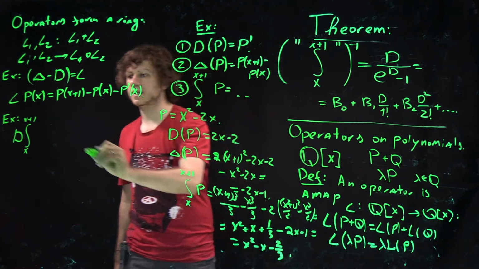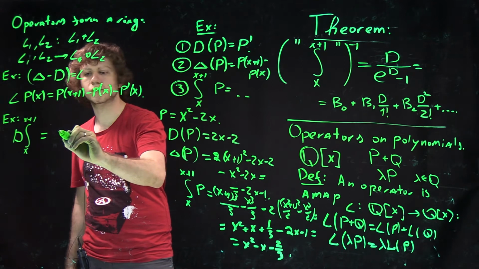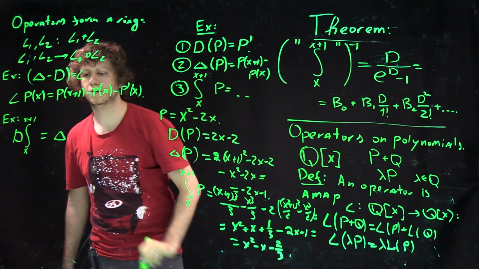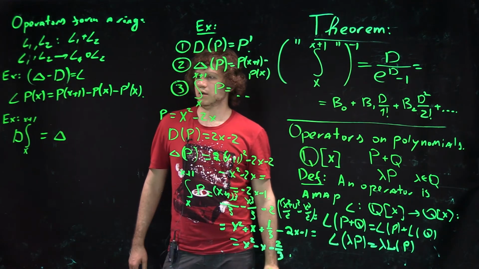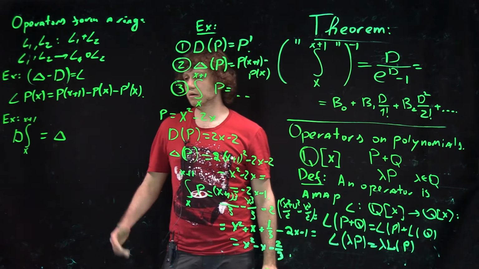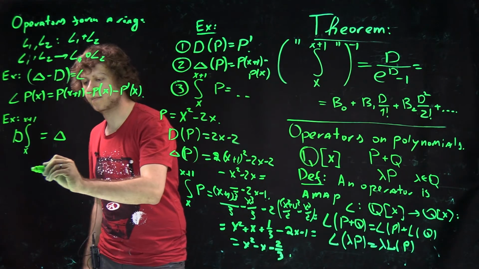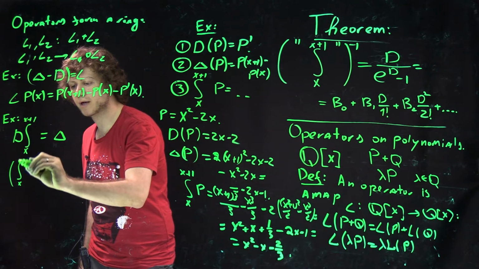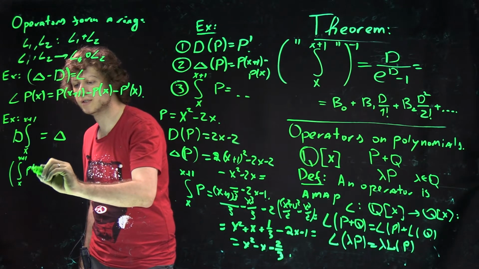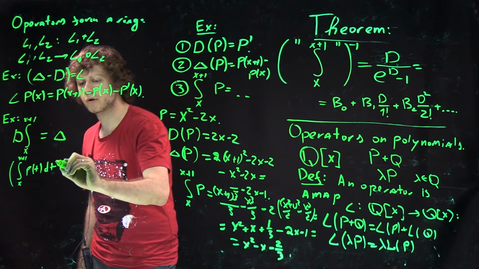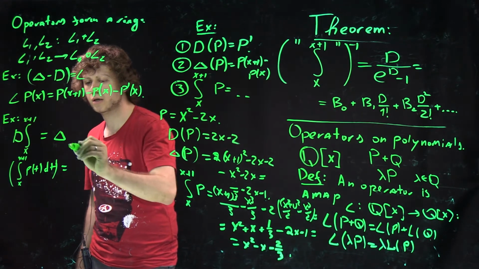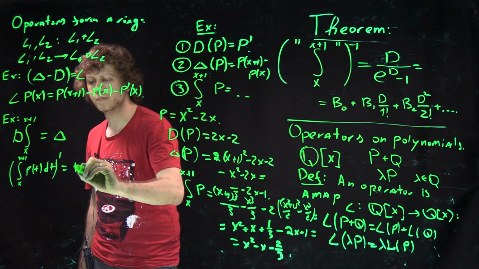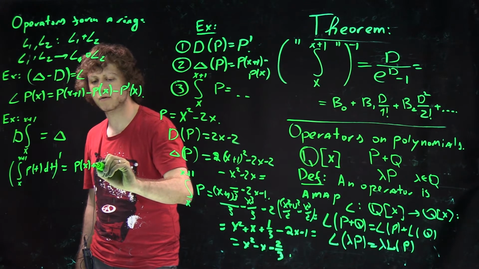And the claim is that this is equal to delta. So why? Because if you take some polynomial p, then of course when you take the derivative of the integral from x to x plus 1 of p of t dt, by the Newton-Leibniz formula, which is of course true here, the derivative is equal to p of x plus 1 minus p of x.